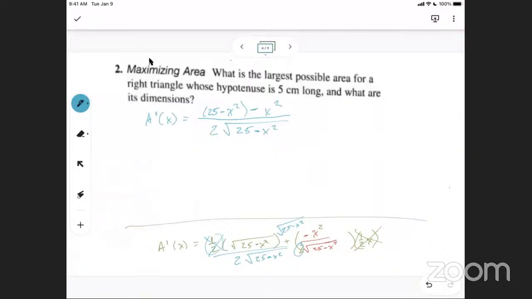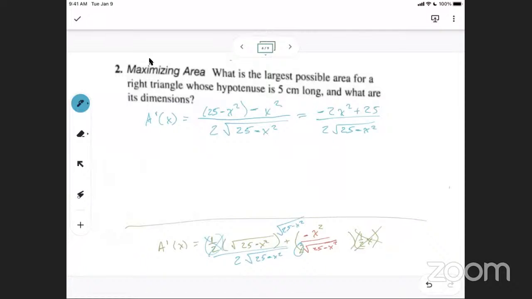And I'm not even done simplifying, because that really just means it's negative 2x squared plus 25 all over 2 times the square root of 25 minus x squared. That's my derivative. Got it? Unless I made a silly mistake somewhere, but I don't think I did.